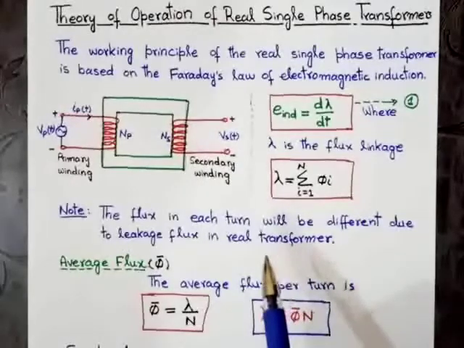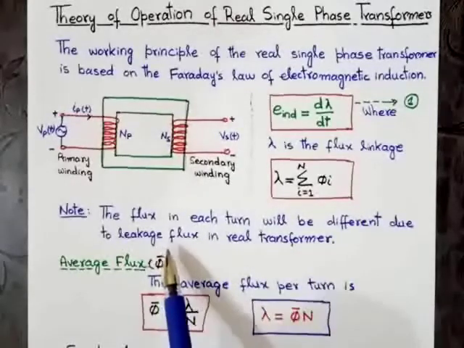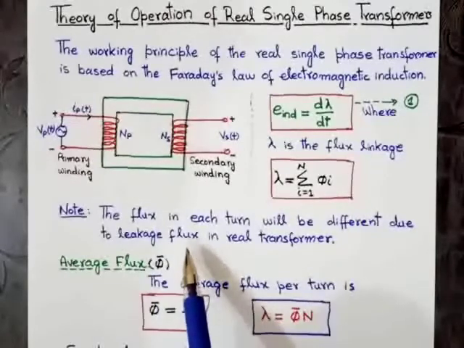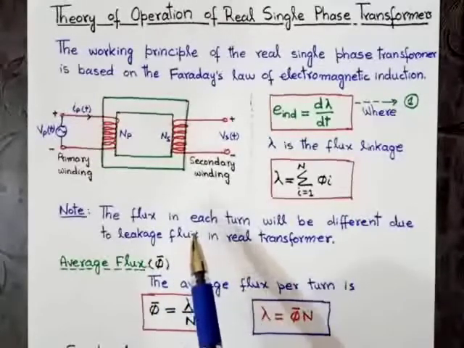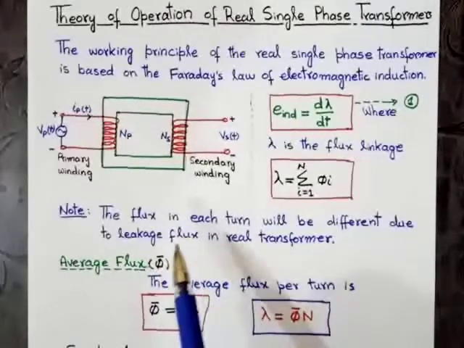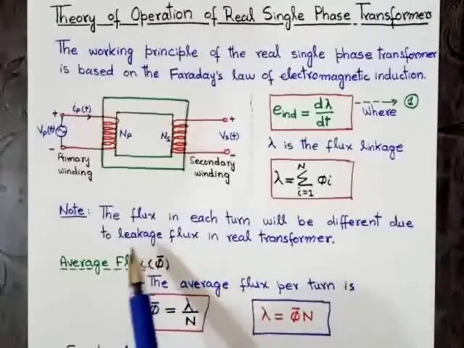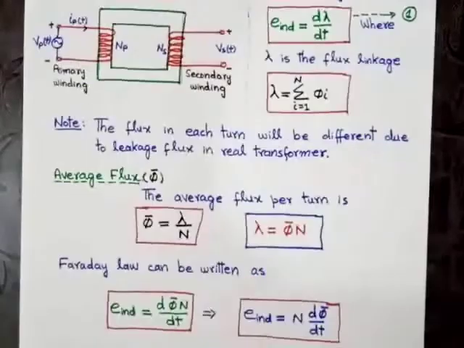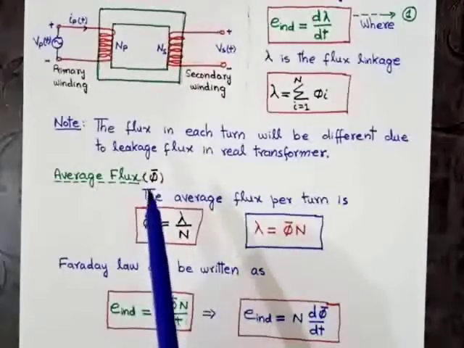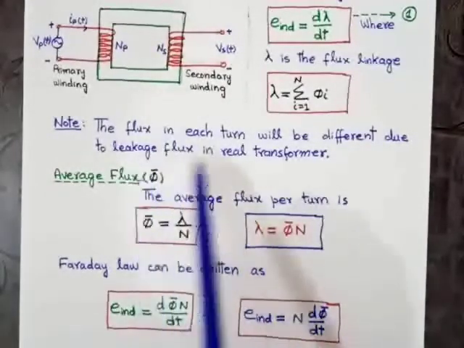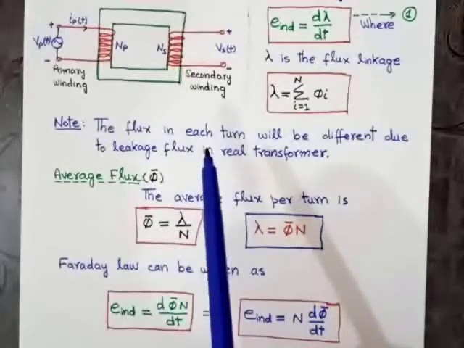The phenomenon of leakage flux we will discuss shortly in detail, that is, what leakage flux is and how leakage flux occurs. So it is very difficult to calculate the flux in each turn every time.